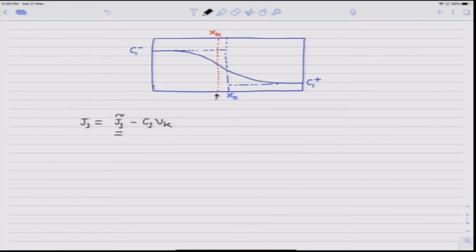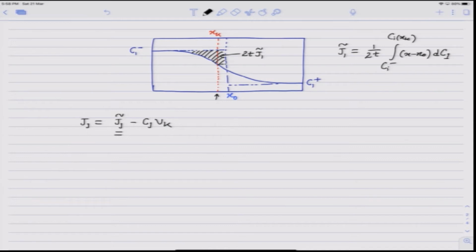So if we want to find J1 tilde, the interdiffusion flux at xk, it will be simply 1 over 2t times the area under this curve. So it would be this area, this is basically 2t times J1 tilde, because we derived this expression: J1 tilde is equal to 1 over 2t integral from C1 minus to C1 at xk of (x minus x naught) dC1.